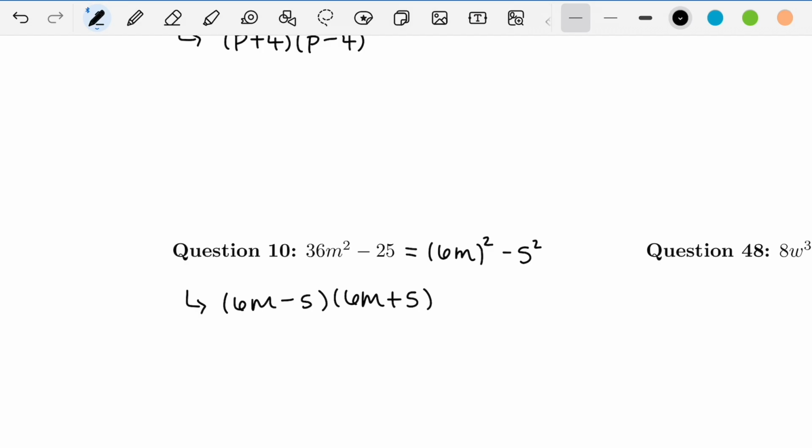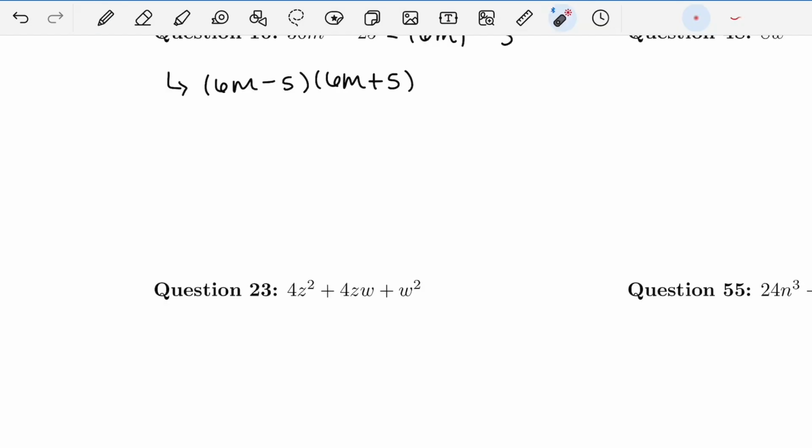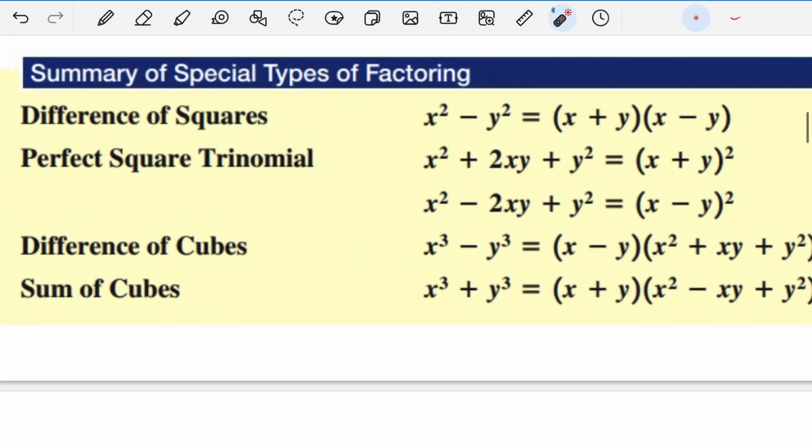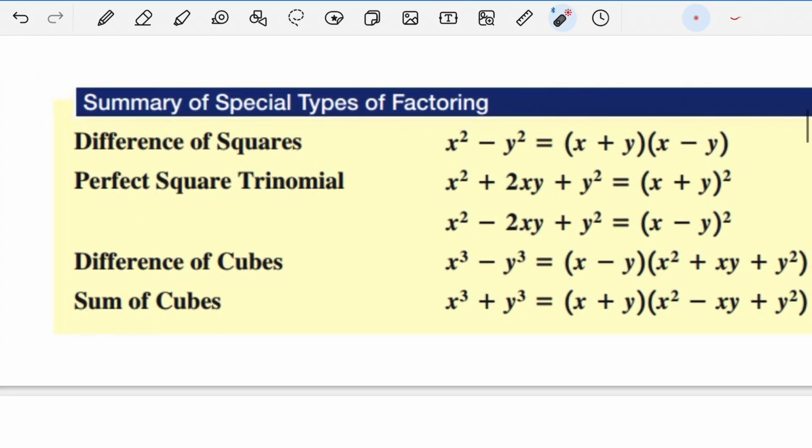Now this next question here, 23, might be a little bit daunting at first, but going back to our summary of our special types of factoring, it seems to almost match this form here, our perfect square trinomial. Our first term is a square, our last term is a square, and our middle term is 2 times the product of those two variables.